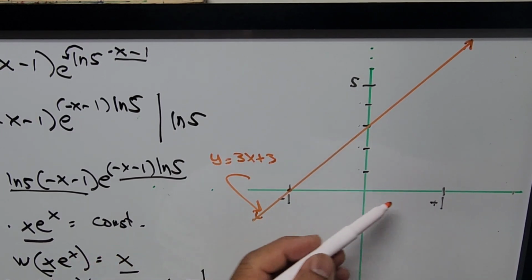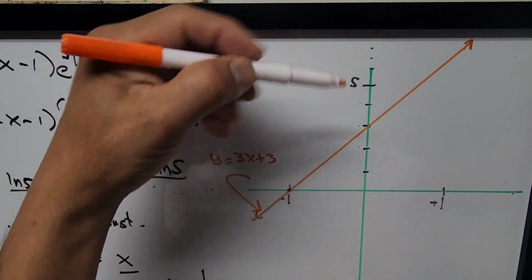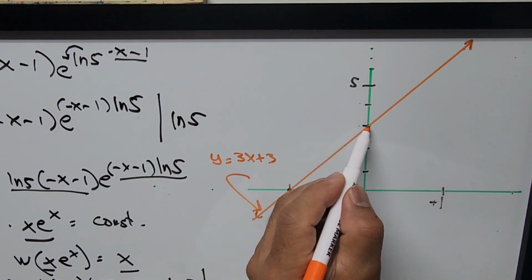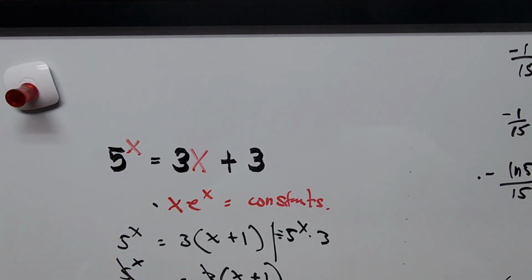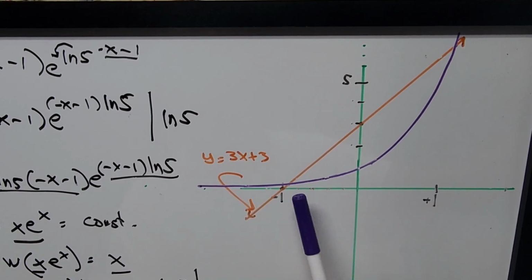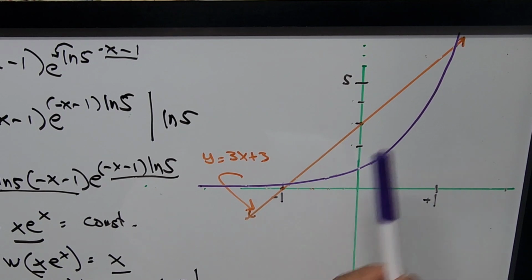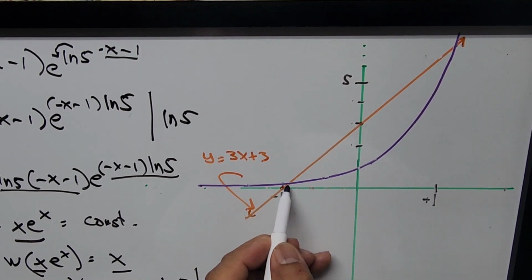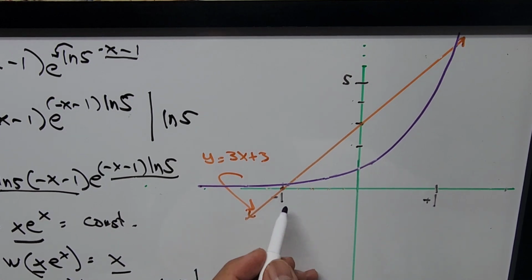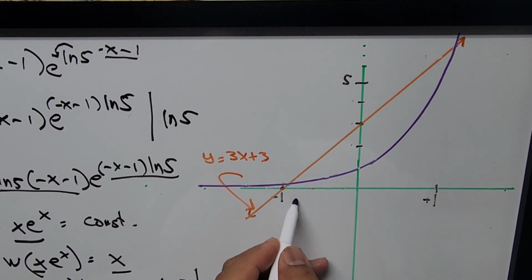And at x is 0, we have y here at 3 points on the scale on the y-axis. And the function 5 to the power of x, an exponential function, its graph is like this. If you notice, we have two intersections over here crossing the line twice. Right here somewhere almost like negative 1, somewhere like 0.9.